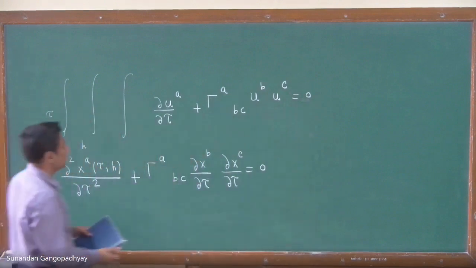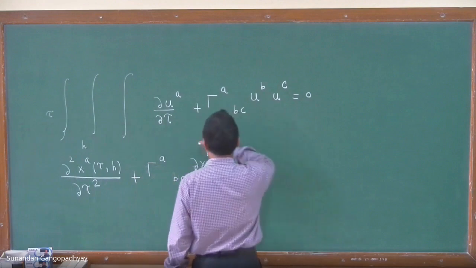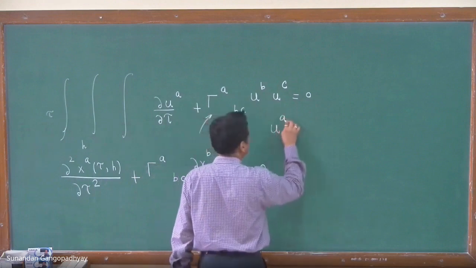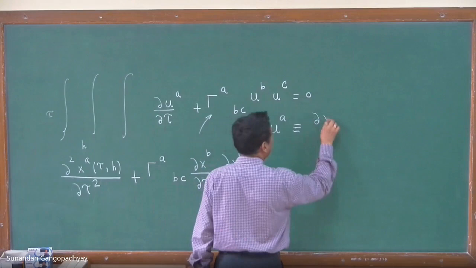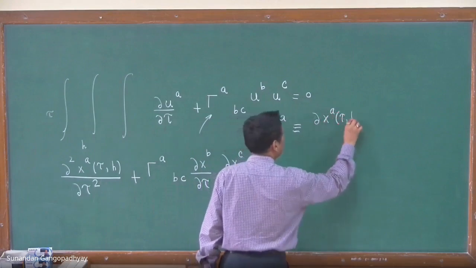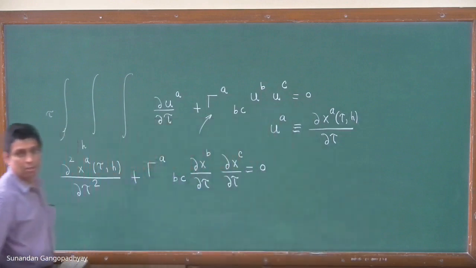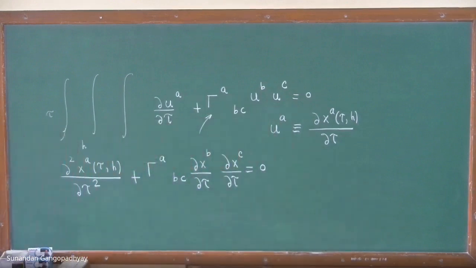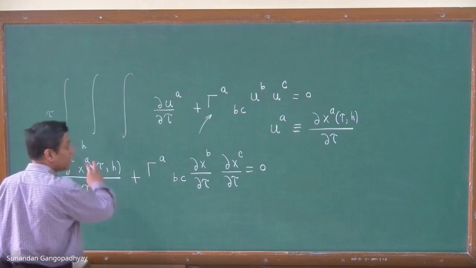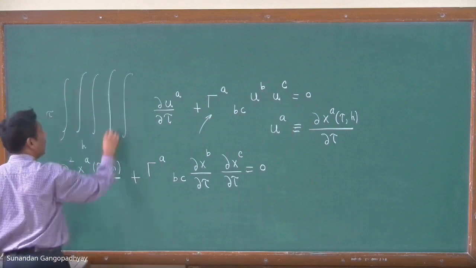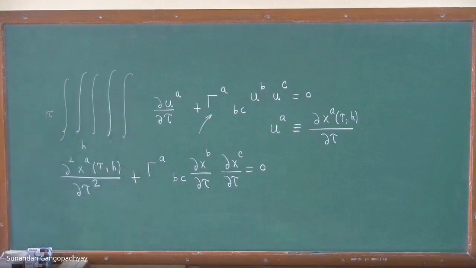You can write this in this form, where you know that this is basically the tangent vector to the geodesic. This is the standard stuff that we have already learned, but the only thing that we are saying is that we are now considering a family of geodesics, parameterized by tau, and to distinguish between each of the geodesics, we are using another parameter, h.